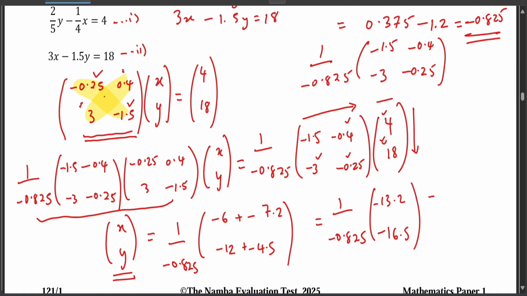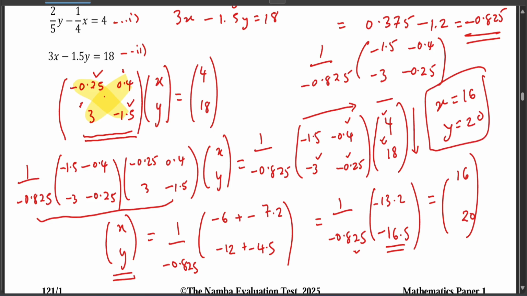So your final answers will be: negative 13.2 divided by negative 0.825 to give you x as 16, and negative 16.5 divided by negative 0.825 to give you 20. So those are your two answers. Your x is 16 and your y is 20. Let's continue.